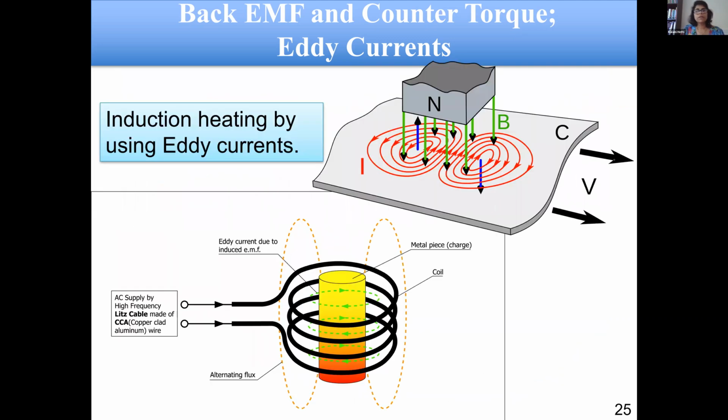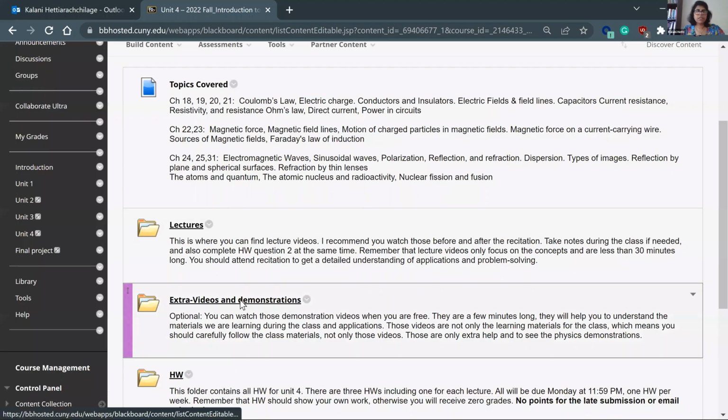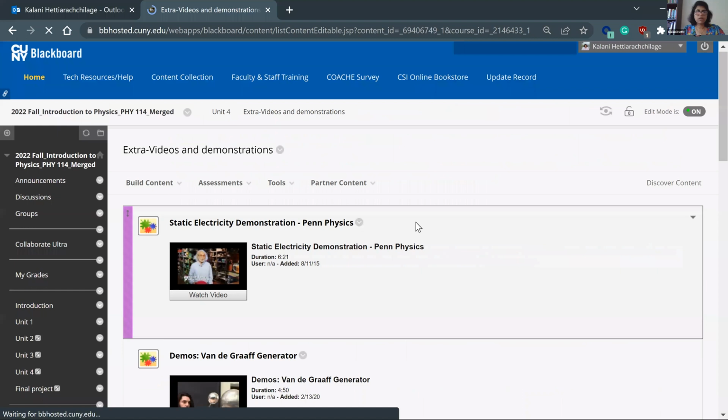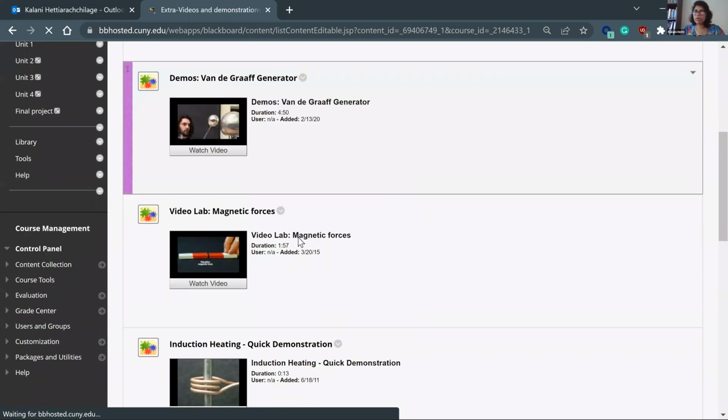Okay, so I need to mention the application, induction heating. As you always know, you can find videos on your Blackboard page. There are videos that you can take a look at here. The electricity part is about magnetic forces.